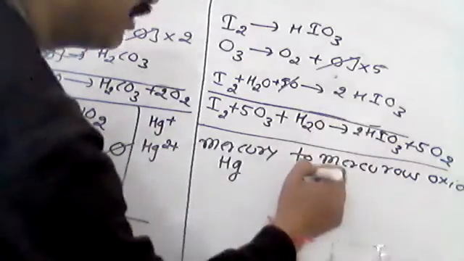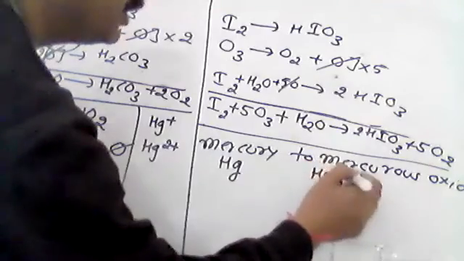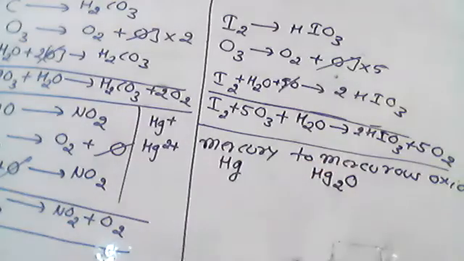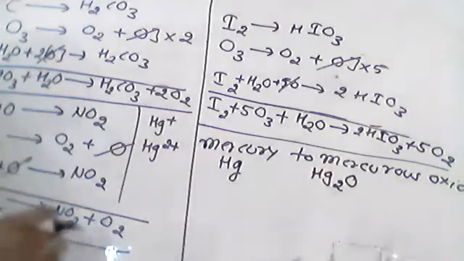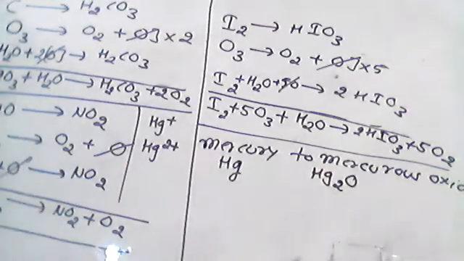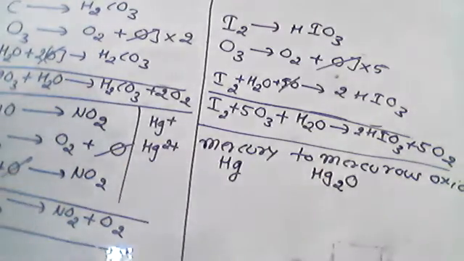Great, Parthvi, great, shabash. So I need to do it for mercurous oxide. Mercurous oxide is Hg2O. I want to convert Hg to Hg2O. So it's fine now, I will do it. Let me split up and try to do it.